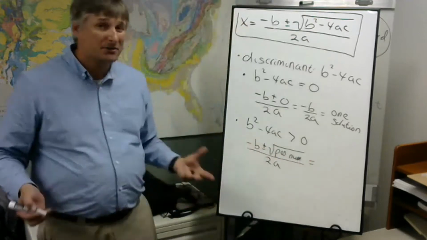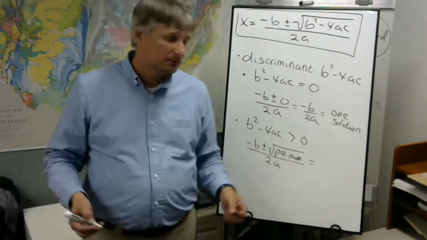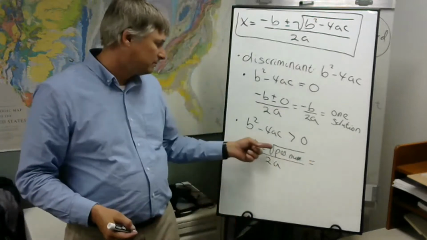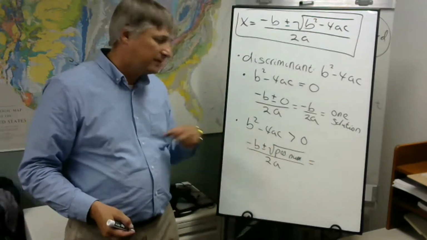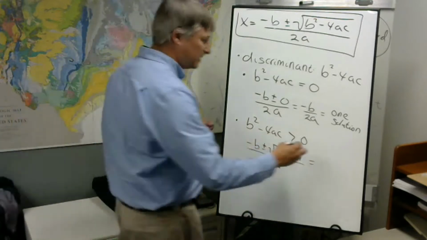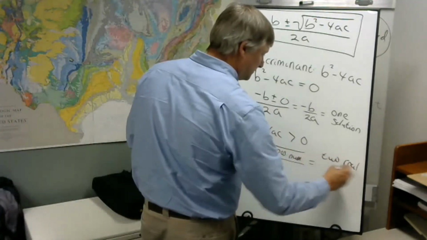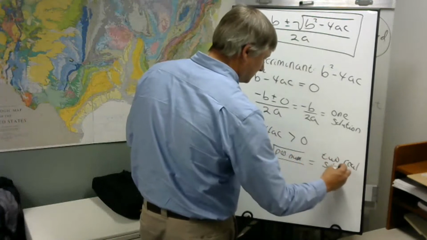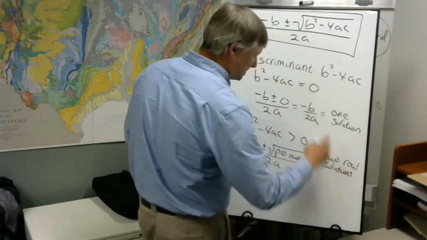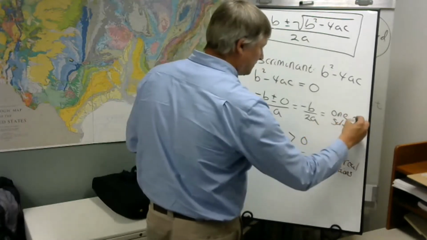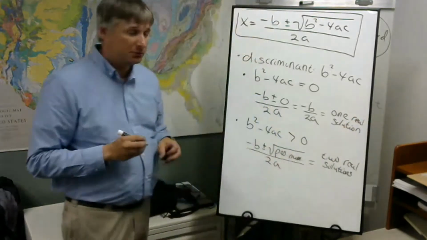And the square root of a positive number is a real number. So we have real number plus or minus a real number divided by a real number. So we get 2 real solutions. And up here, I should say I have one real solution.